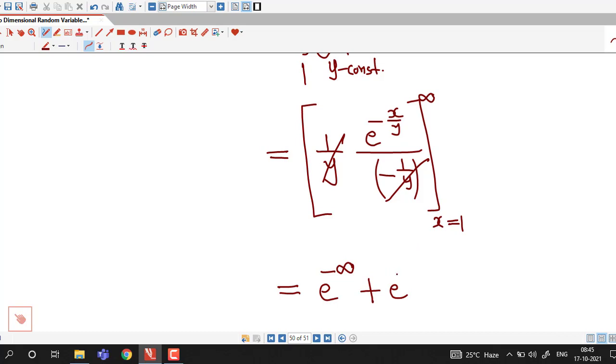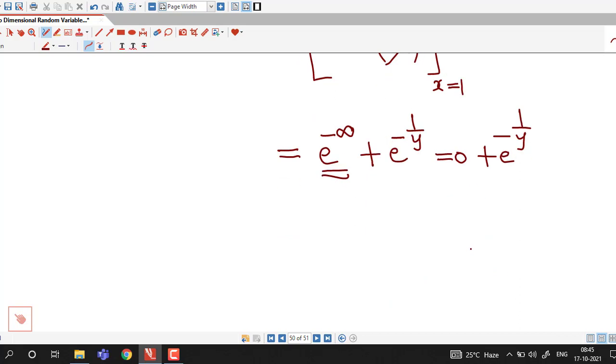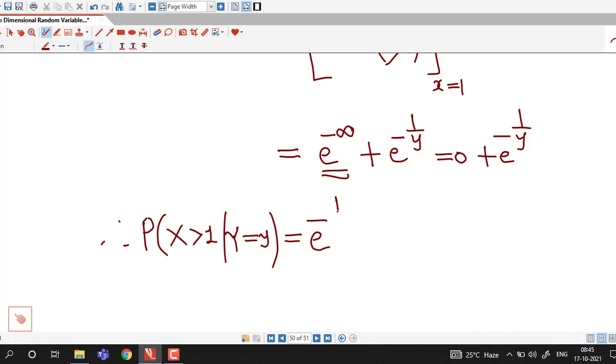If we take x equal to 1, we have e raised to minus 1 by y. The infinity term is going to be 0, so we have 0 plus e raised to minus 1 by y. Therefore the probability that capital X is greater than 1 given that y takes the value small y is e raised to minus 1 by y, where x and y are both positive.